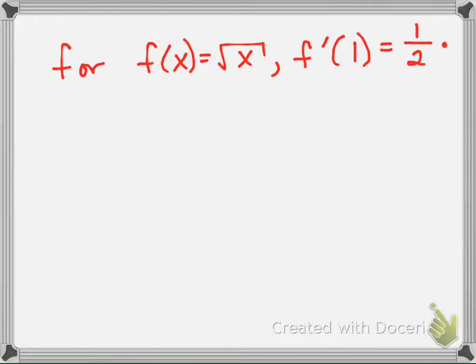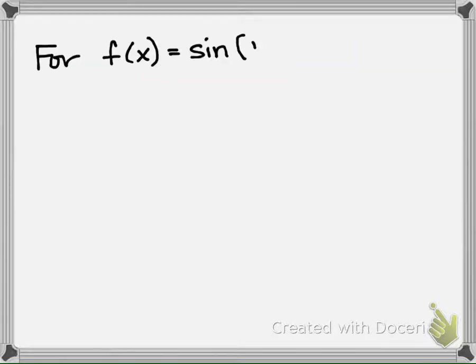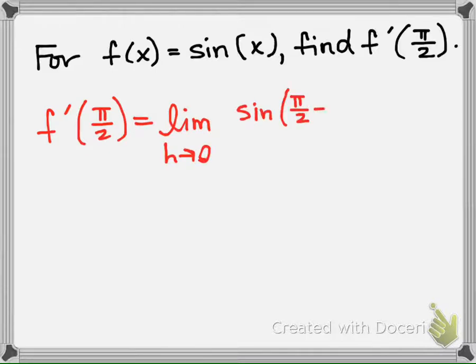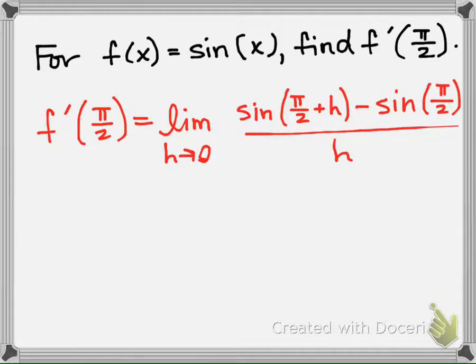Okay, let's try another one. Let's try f of x equals sine of x. We want to find f prime of pi over 2. So let's write down our limit definition. We end up with the limit as h goes to 0 of sine of pi over 2 plus h minus sine of pi over 2 over h. And you're probably trying to simplify here.